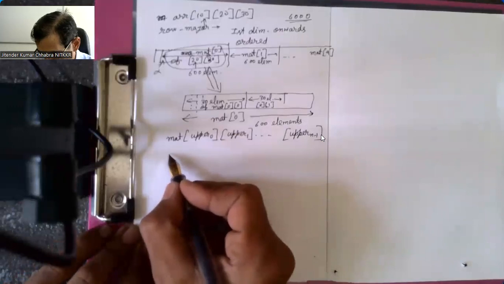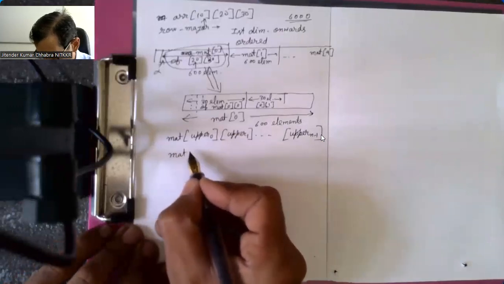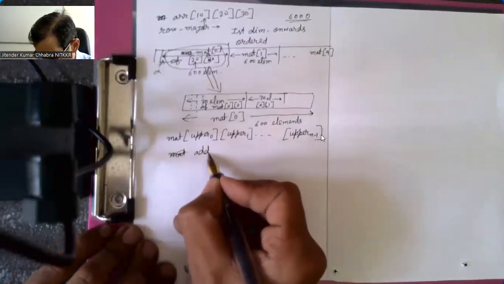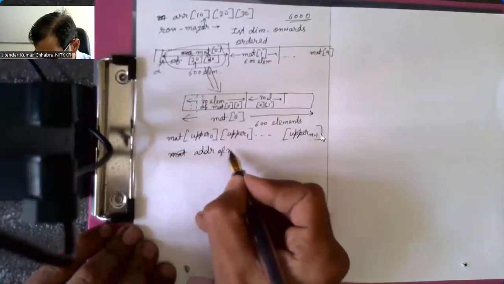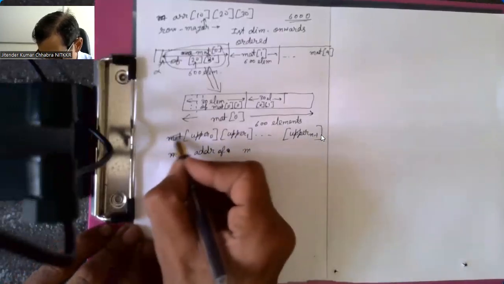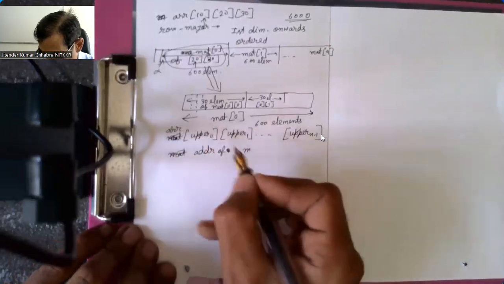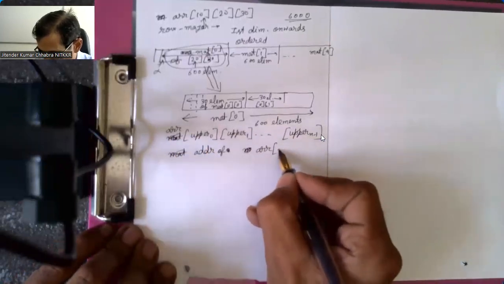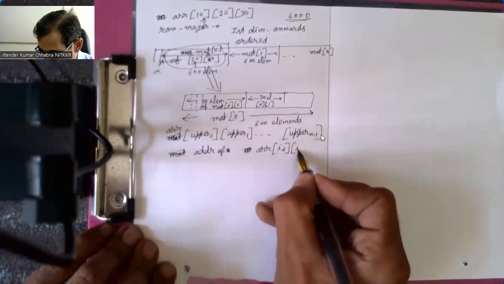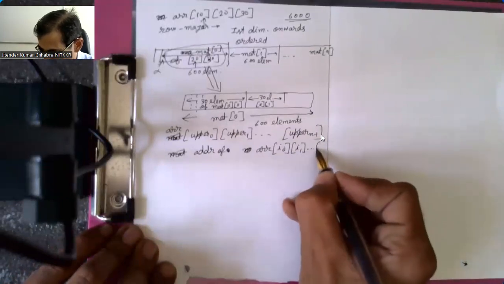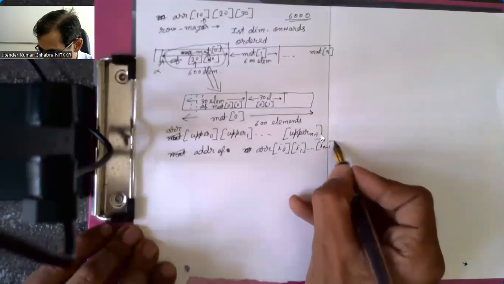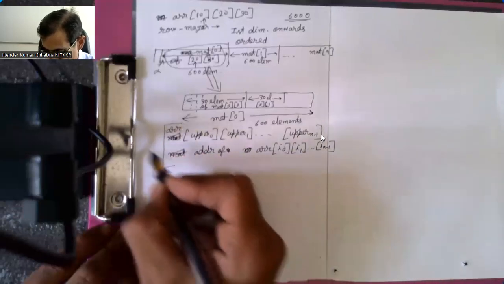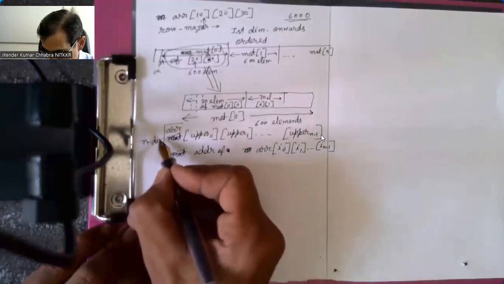And at a time, I want to find the address for some element. Let's say instead of mat, in general A, because it's not a 2D matrix anymore. So I want to find the address of I0, I1 up to In minus 1. So I'm considering an n-dimensional array.